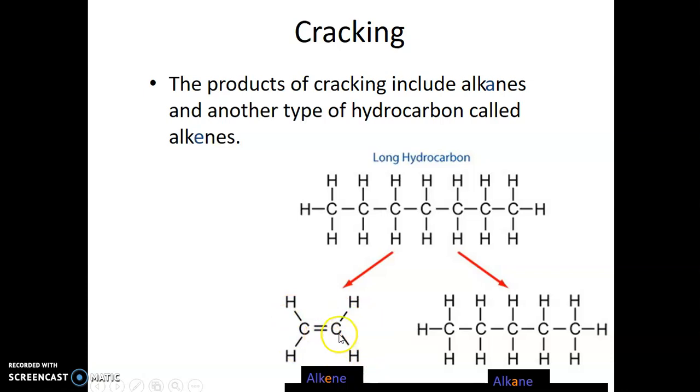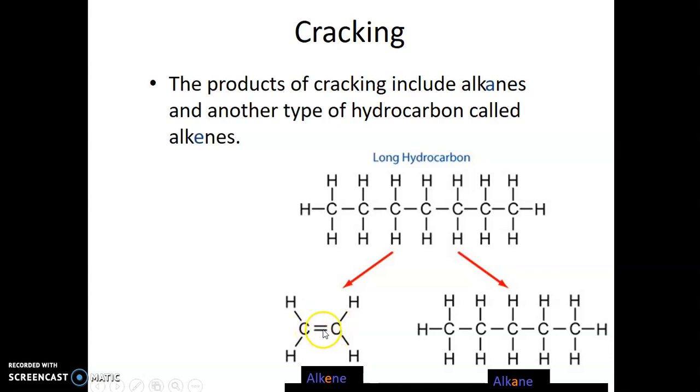Now the difference you'll notice here is in an alkane, all the bonds are single. So as we said last session, that means it is a saturated molecule. You cannot fit any more hydrogens into that molecule because all of the carbon's bonds are single bonds. In an alkene, you have a double bond between two of the carbons.